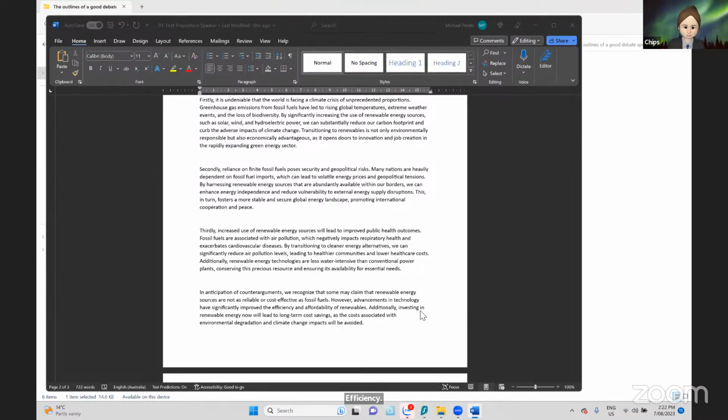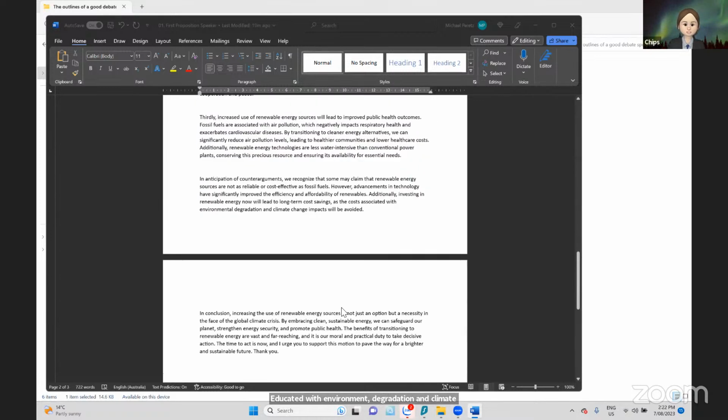Additionally, investing in renewable energy now will lead to long-term cost savings, and the costs associated with environmental degradation and climate change impacts will be avoided.